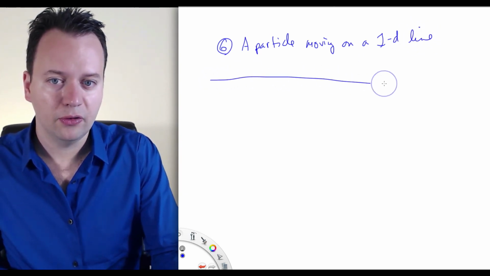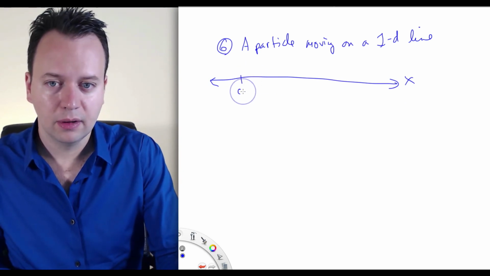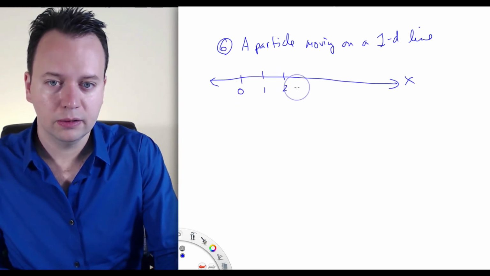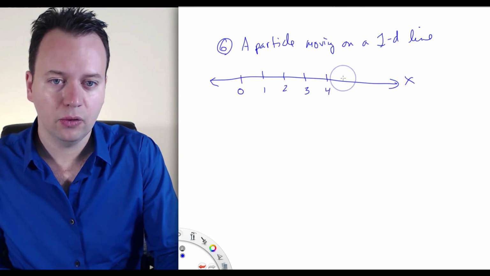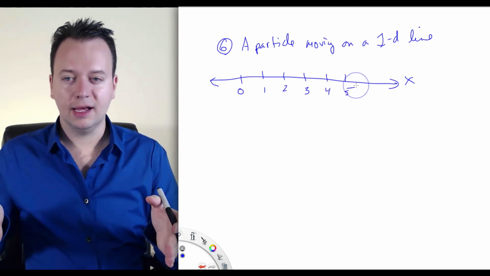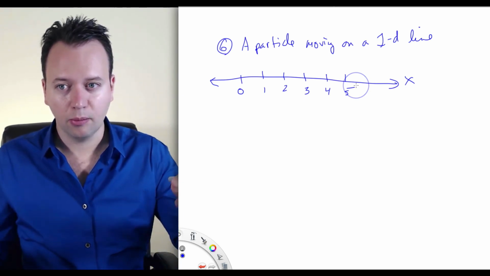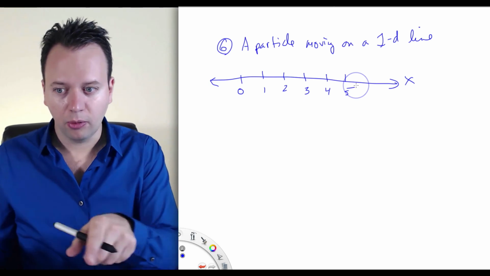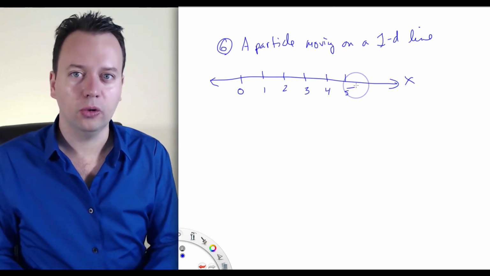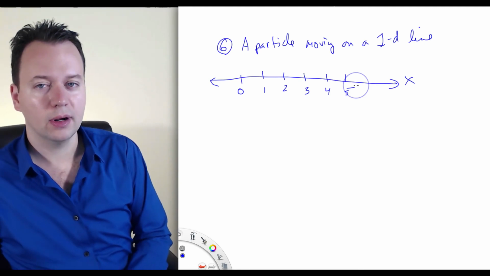So for example, if we have the x-axis like this, and we have some 0, 1, 2, 3, 4, 5, you can imagine a ruler sitting on a desktop, and a marble, so there's a little groove in the ruler, and put a marble on the ruler and let the marble roll back and forth along the ruler. So this is exactly one-dimensional particle motion.